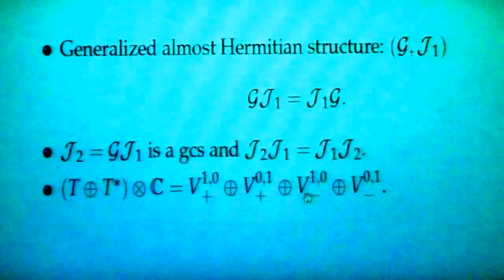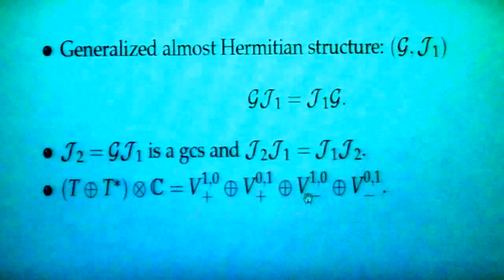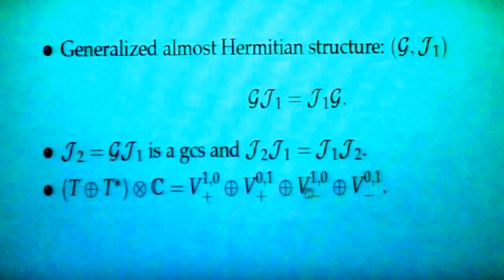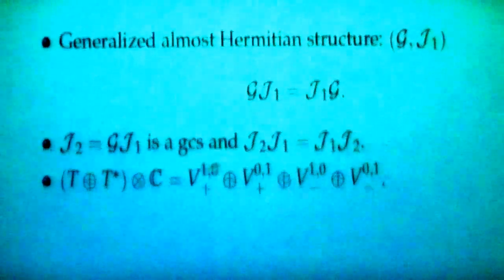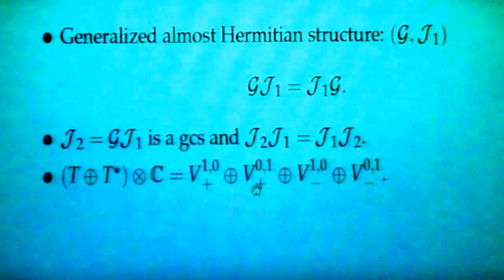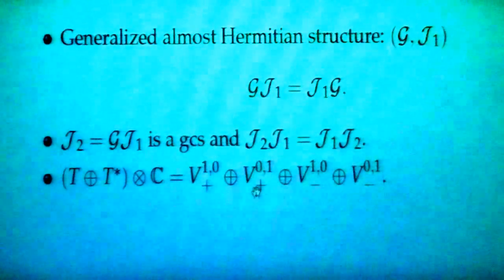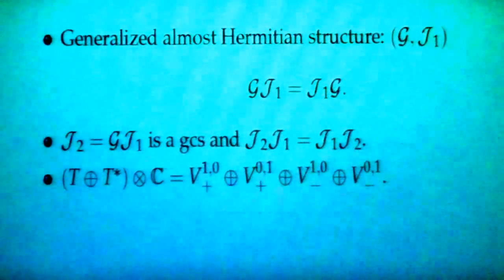Similarly, V minus can be decomposed into the plus i and minus i eigenspaces for J1. I'm just keeping track with the usual convention in complex geometry that you put (1,0) to say these are the plus i eigenspaces, and (0,1) to say they are the minus i eigenspaces.